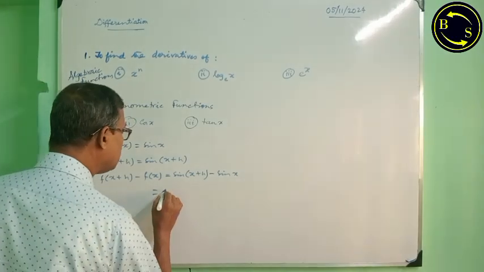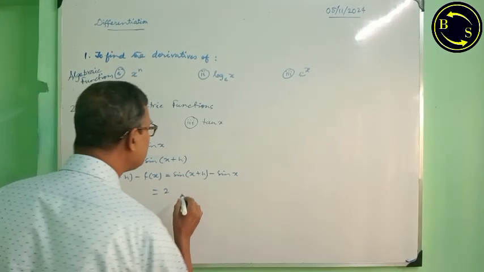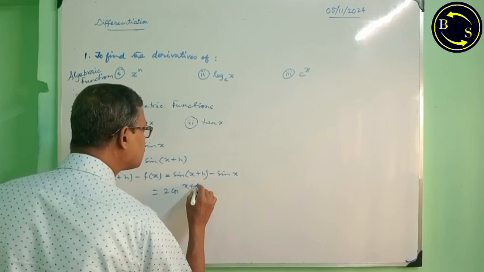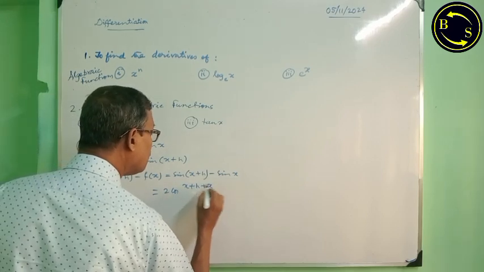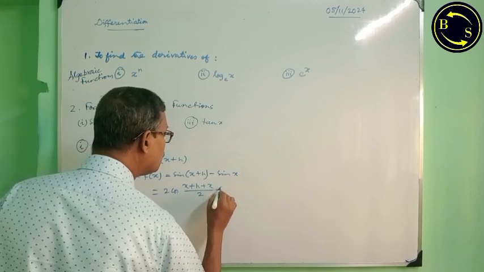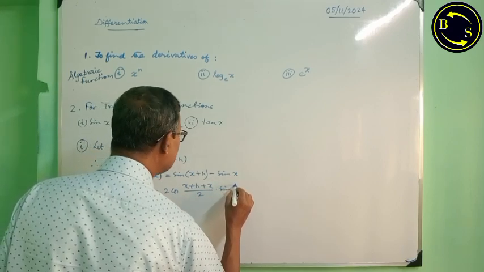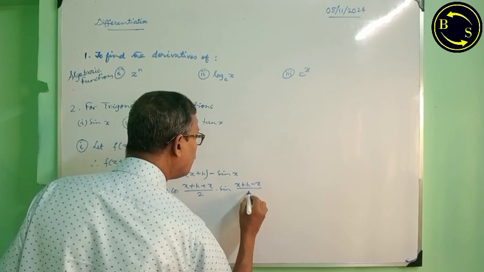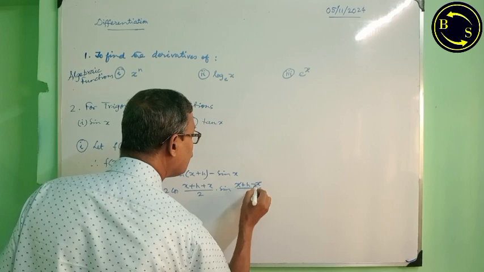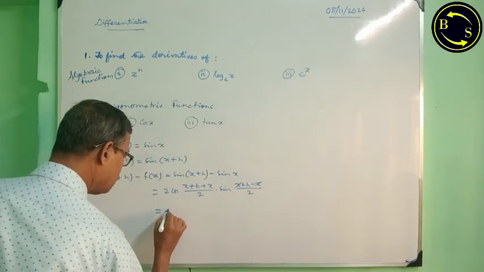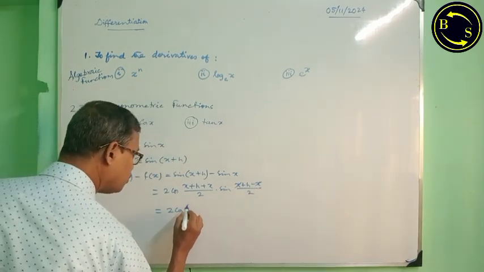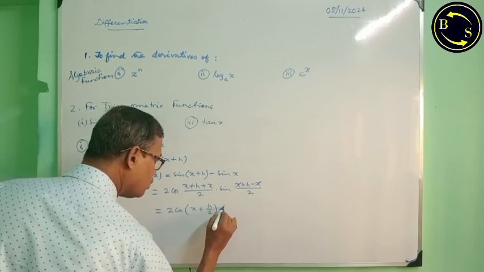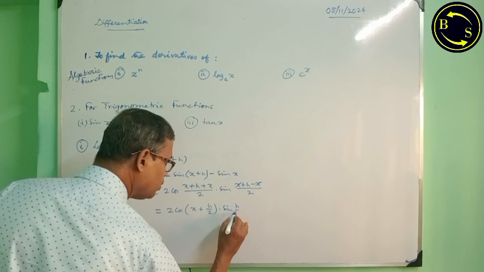Therefore we use the identity 2 cos of (c plus d) by 2 into sin of (c minus d) by 2. After simplification, it will be 2 cosine within brackets (x plus h by 2) into sin h by 2.